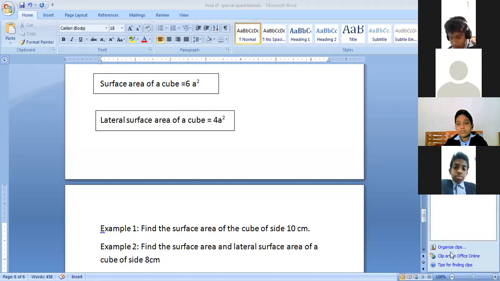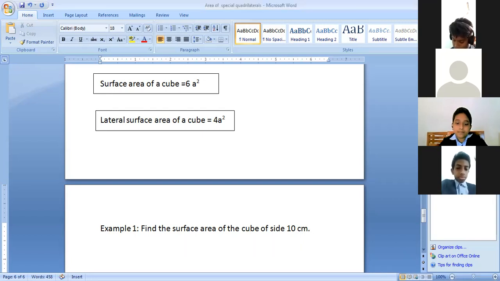Did you get the answer for the first question? Find the surface area of the cube of side 10 centimeter. Did anyone get the answer?